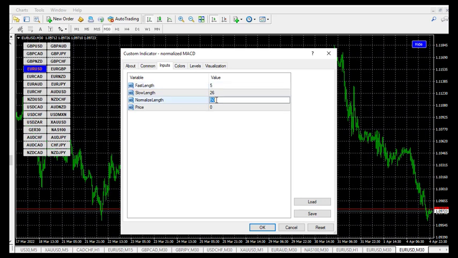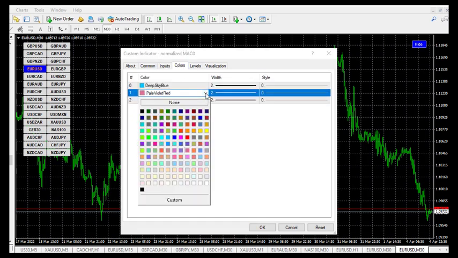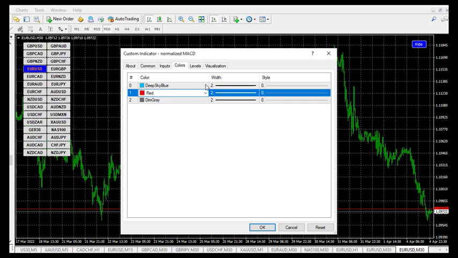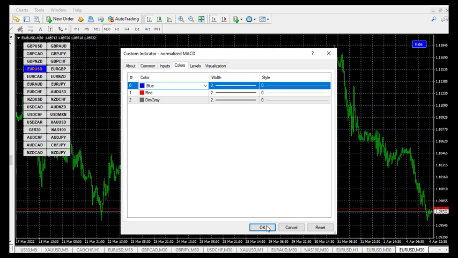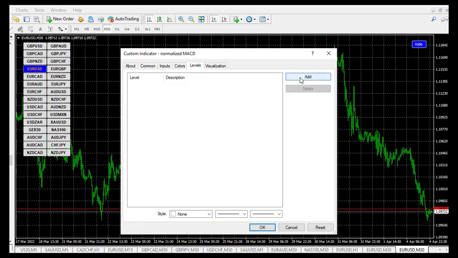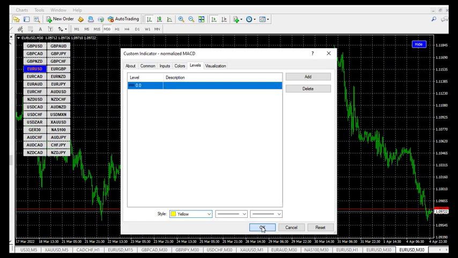Then I reduce this to 45. You can play with it and see which one you like, but I'm okay with that value. Then let me change this to blue also, and I want to add levels. I would like to add 0 levels, color yellow, and I'm okay.